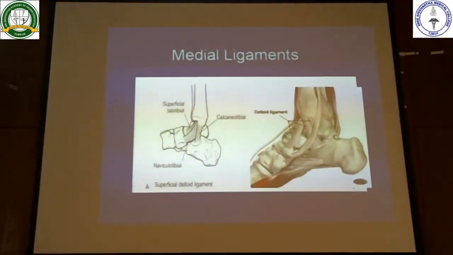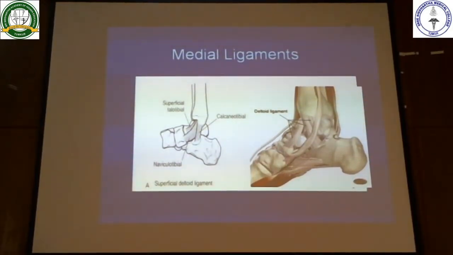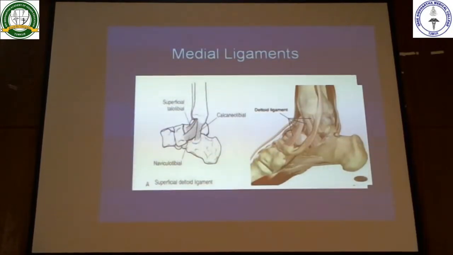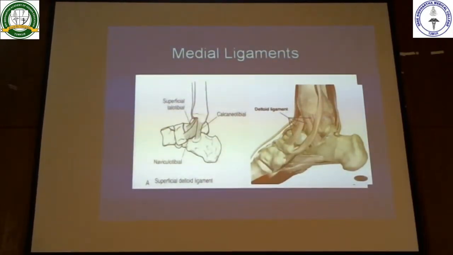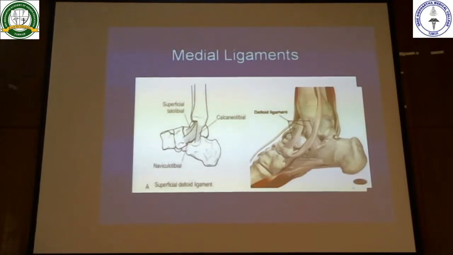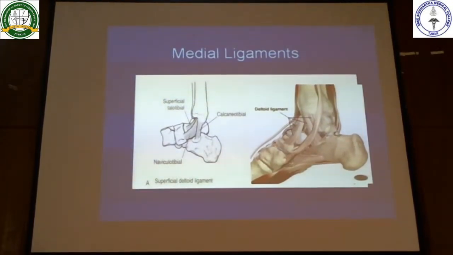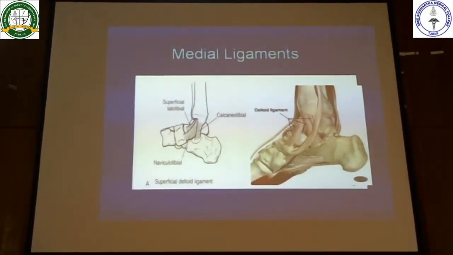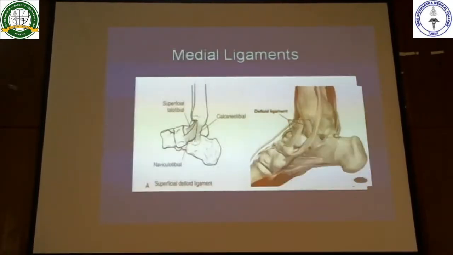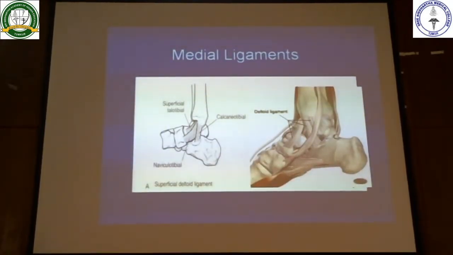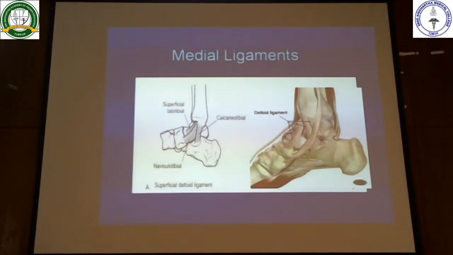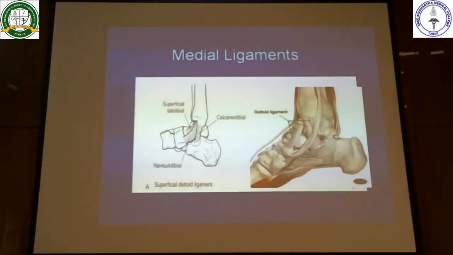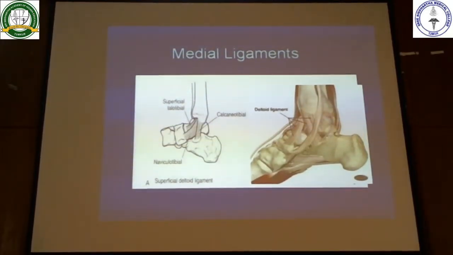So along with remembering the major components of the ankle joint, we also need to keep in mind the ligaments around it, because they are also very prone to injury. They have the lateral ligaments as well as the medial ligaments. Here the deltoid ligament is quite popular as far as injuries are concerned, because it is a medial ligament on the medial side of the ankle joint. So that is why the ligaments also are quite important.